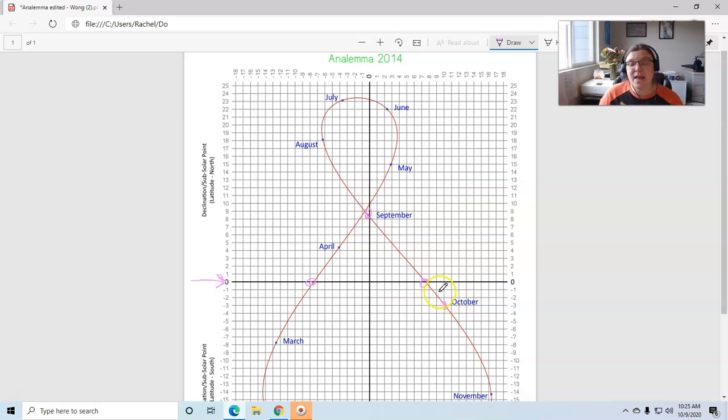Based on that, what do you think this dot right here is? What I like to do is put a little slash through the middle. That's about halfway, so September 15th. So we know that it's between September 15th and October 1st, so you can estimate that as September 20th, 21st.